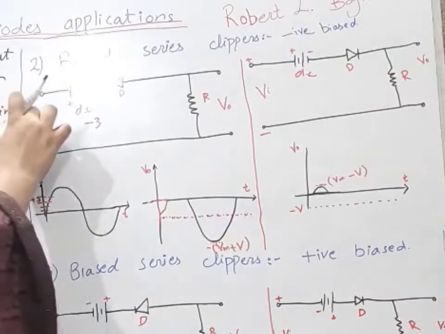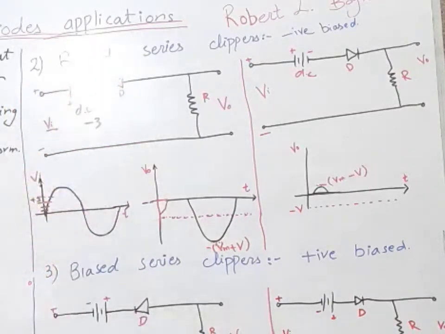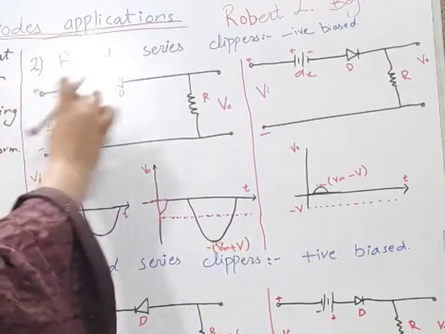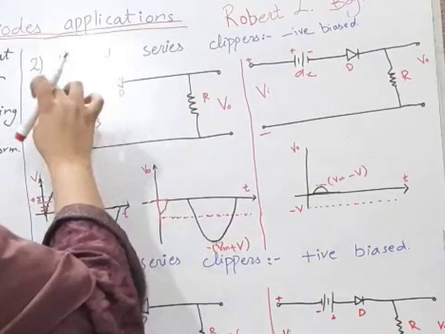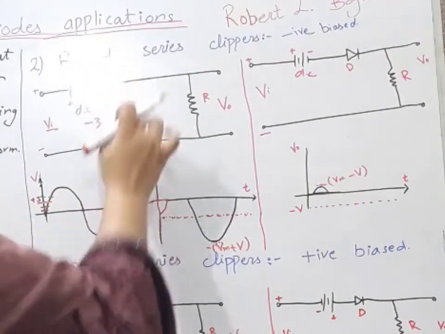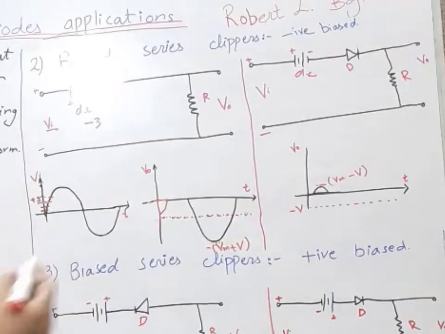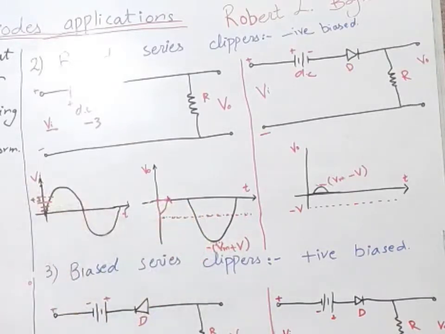Our input waveform tried to make this diode reverse biased. So for this point our circuit will act as the open circuit and we will get nothing. We will get 0.